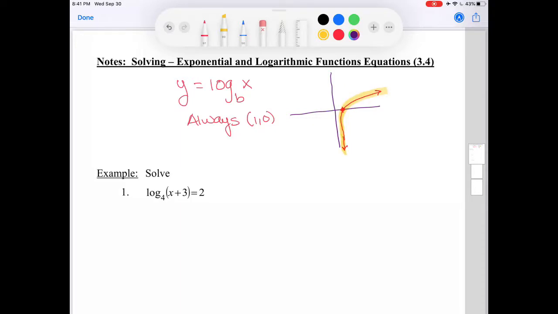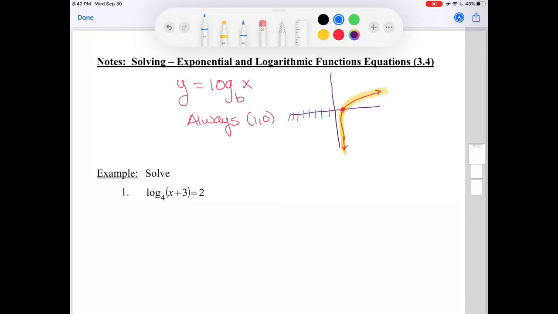I want you to pay close attention to the x value on this line. Log functions are never, ever going to cross the y-axis. If you look closely, it's going to approach the y-axis, but it's never going to cross over. With that being said, take a look at any of the x values here on the left.